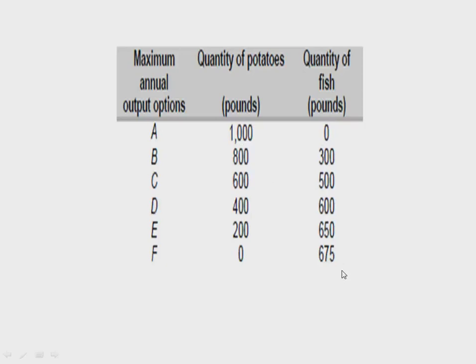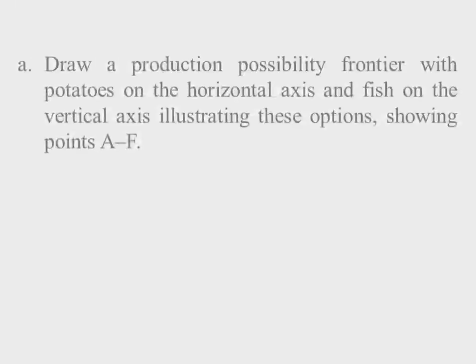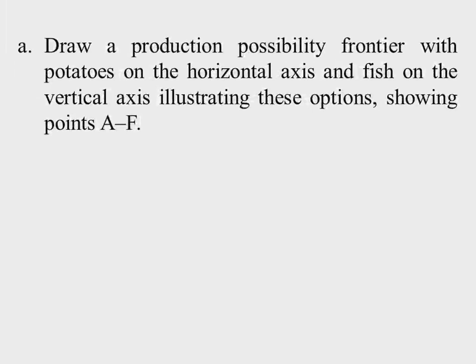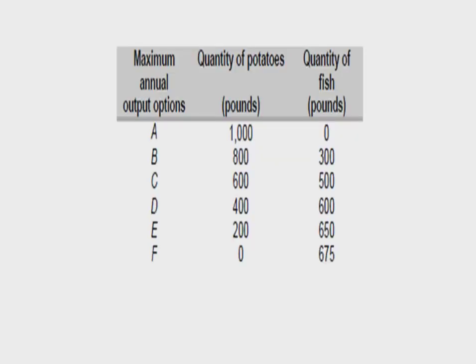The question is, draw a production possibility frontier with potatoes on the horizontal axis and fish on the vertical axis, illustrating the points A all the way to F. In other words, we want to draw a PPF which will show us these points.